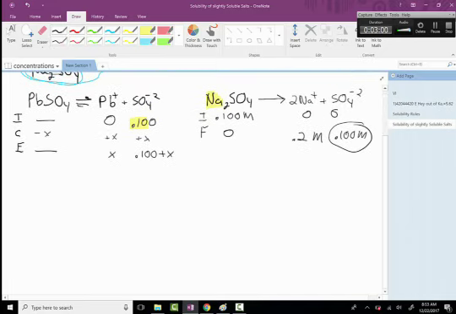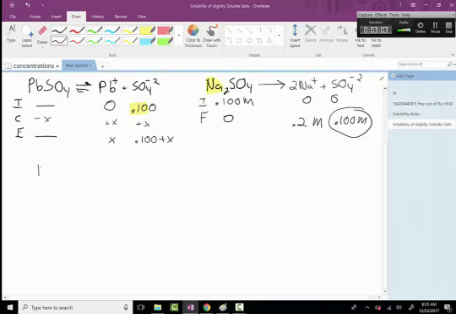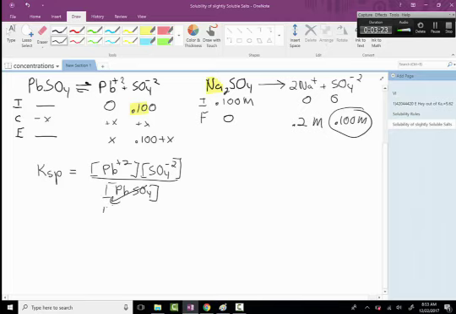The KSP for lead sulfate is defined as the concentration of lead +2 (oops, that should have been a +2 up there) and the concentration of sulfate -2 divided by the concentration of lead sulfate, which is a solid, so it's 1. We learned that in freshman chemistry. And so I can just plug and chug in here. The KSP is 6.3 times 10 to the -7th.